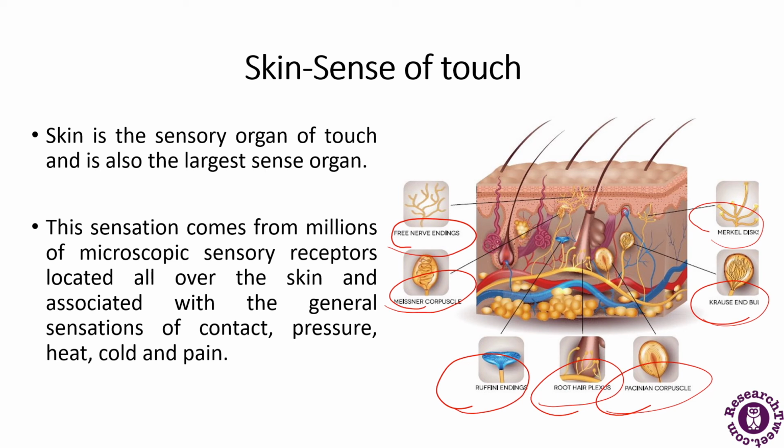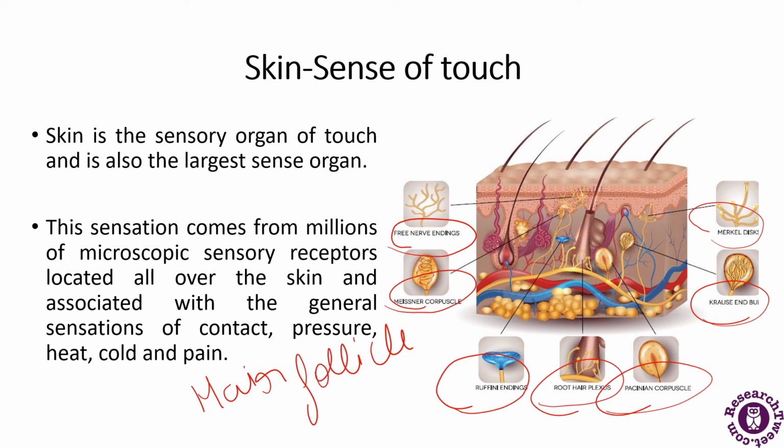Now, if I talk about them, there are Merkel discs, which are light touch receptors lying in the deeper layer of the epidermis. Hair follicle receptors are light touch receptors lying on the hair follicles, as the name suggests.